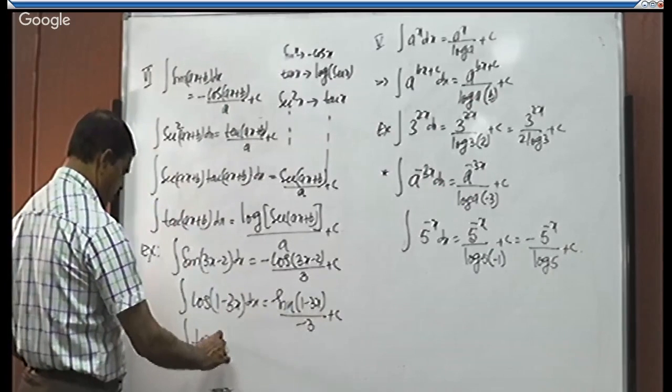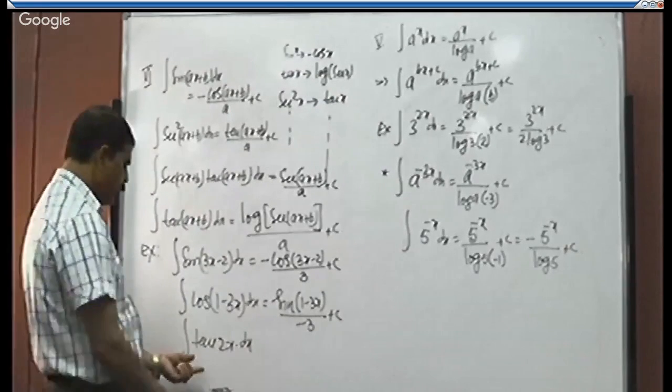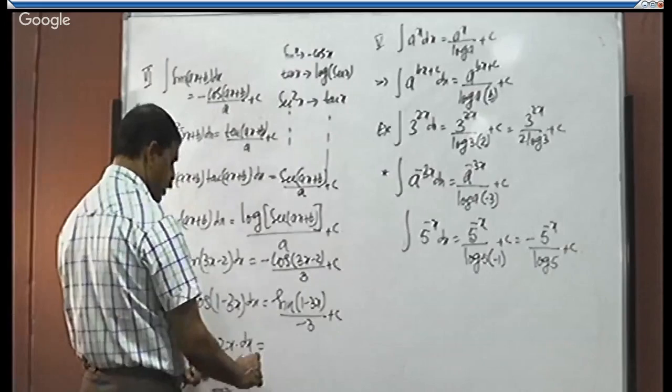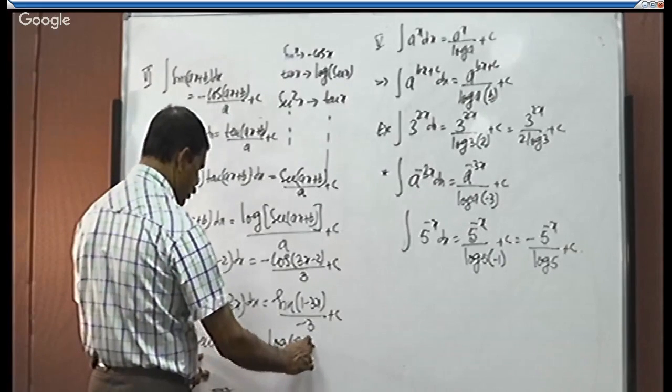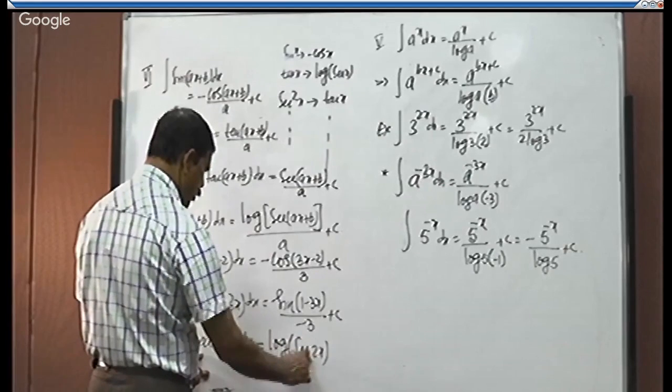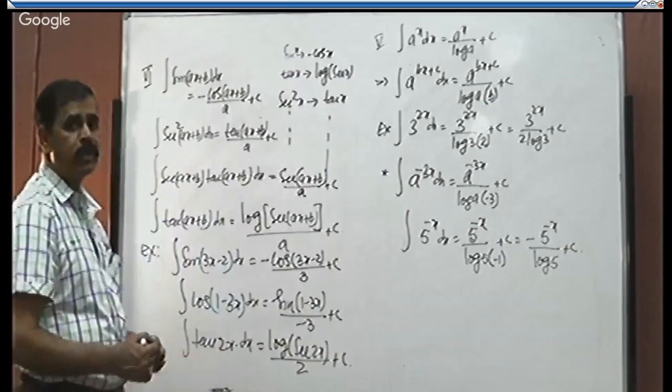Tan only 2x is there, no plus b form. So for that also we have to write. For tan, it is log of secant, correct? Secant ax plus b divided by x coefficient. X coefficient is what? 2 plus c.